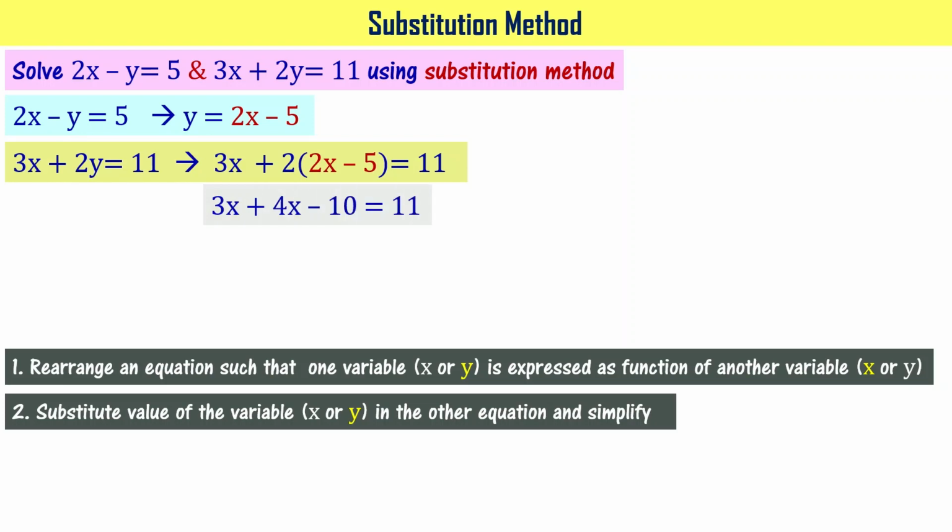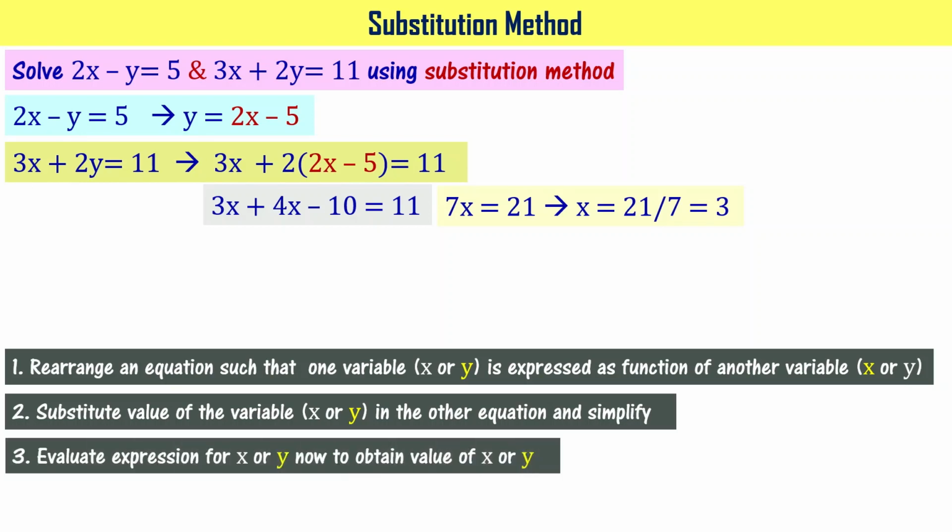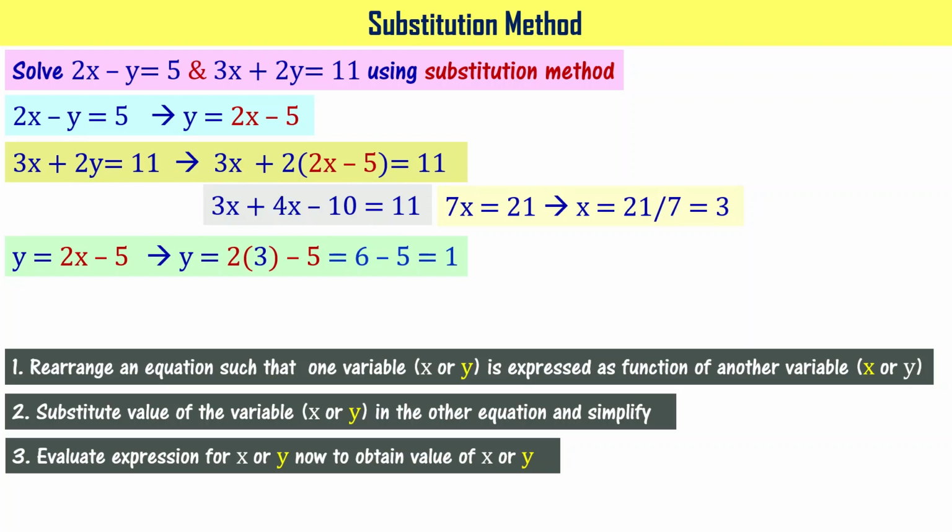You simplify it such that you get x equal to 21 by 7, that is equal to 3. The third step involved is to evaluate the expression for y now to obtain the value of y. The expression for y is 2x minus 5, right? Now let's substitute x equal to 3 into this equation and simplify such that you get y equal to 1.